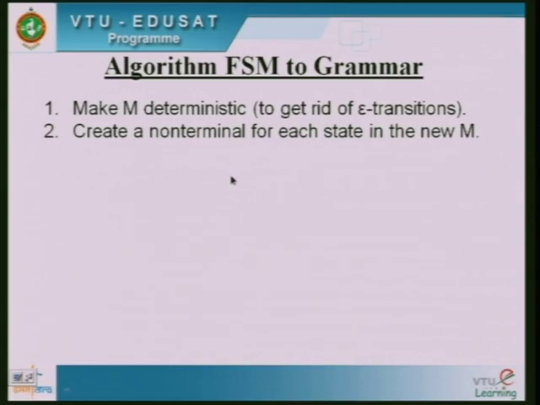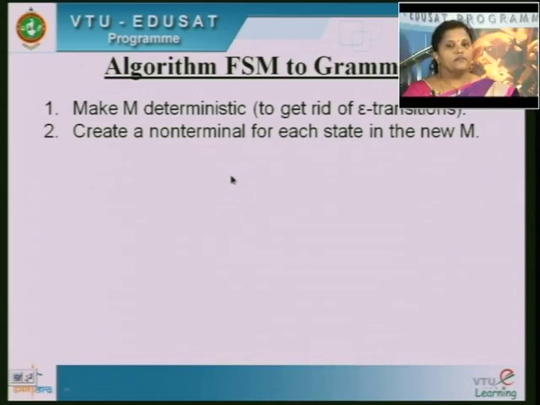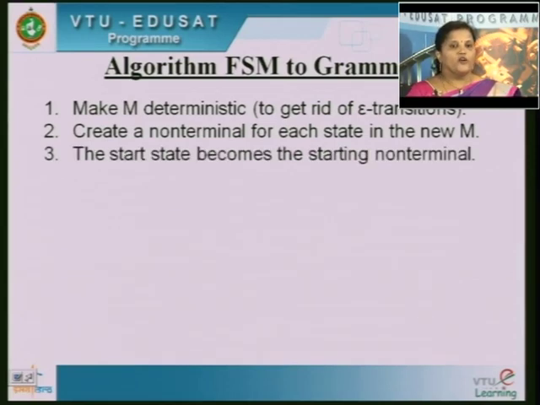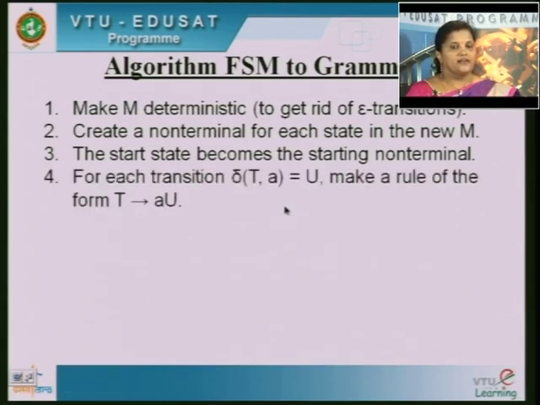How to proceed? Create a non-terminal for each state in the new M. So, the reverse way: for each non-terminal we have created a state, and here for each state we will create a non-terminal. The start state becomes the starting non-terminal, so it will become the grammar's starting rule.